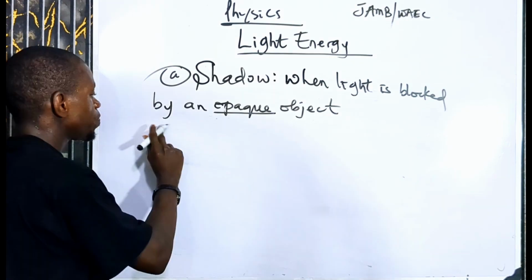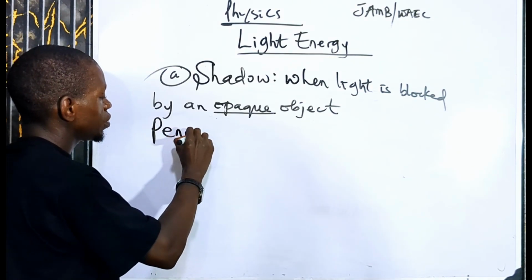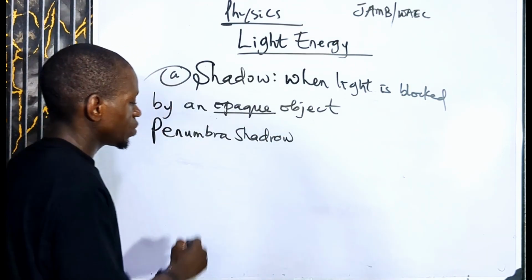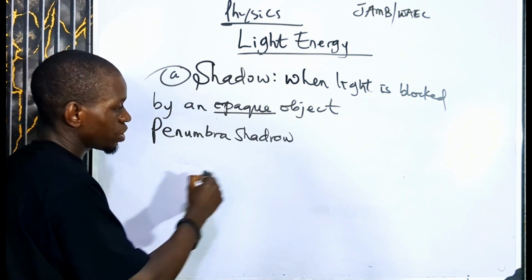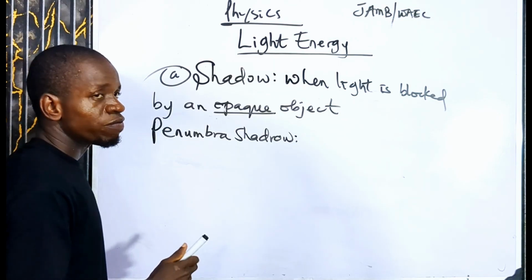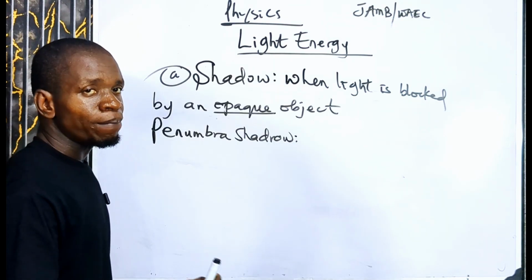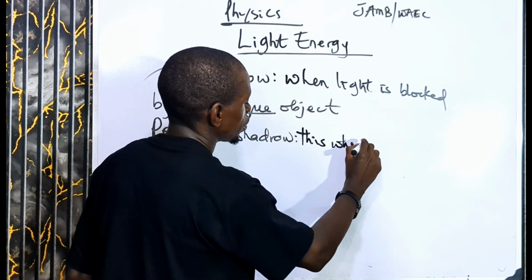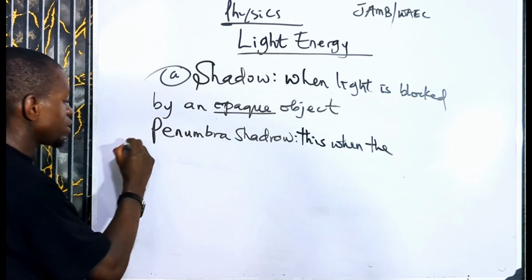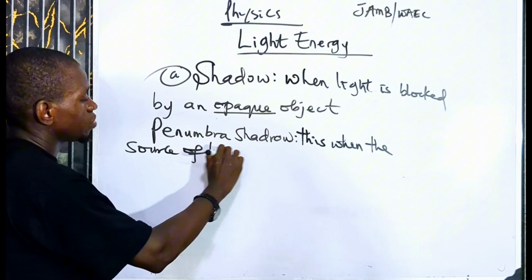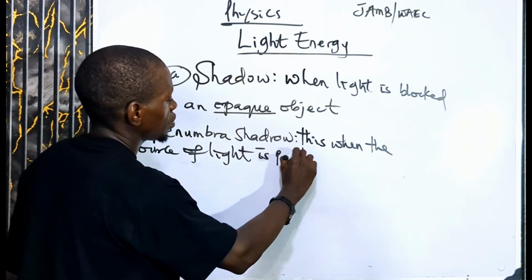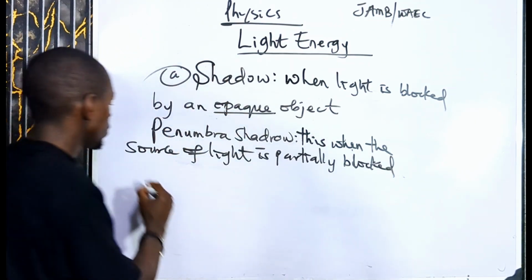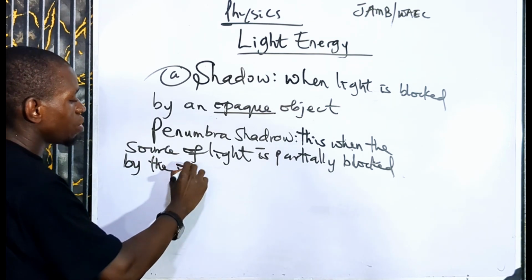So apart from this umbra shadow, we also have the penumbra shadow. And what do you mean by the penumbra shadow? In penumbra shadow, the source of light is partially blocked by the opaque object.